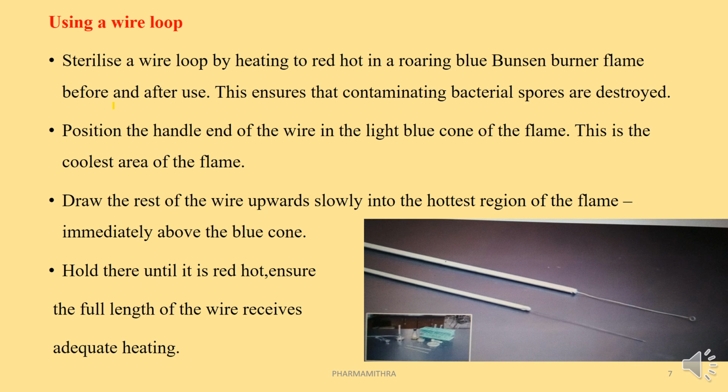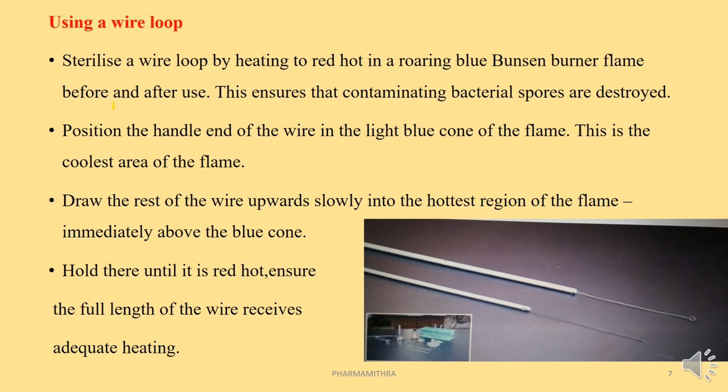That is, we want to preheat the inoculation loop before and after use. This will ensure that contaminating bacterial spores are not there on our inoculating loop. This can be achieved by heating over the Bunsen burner flame.